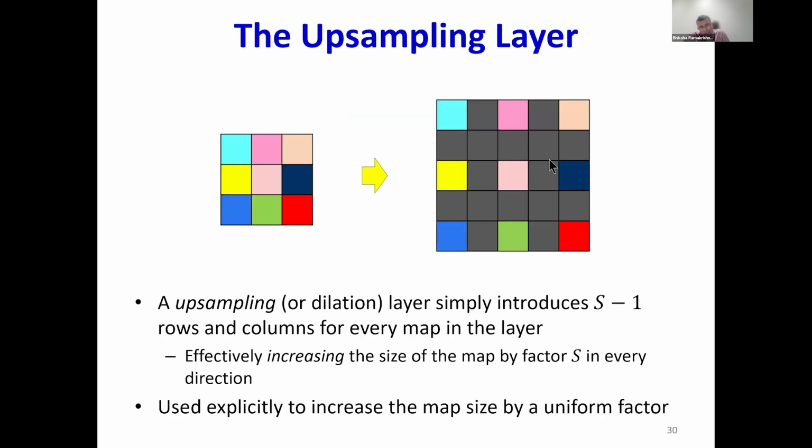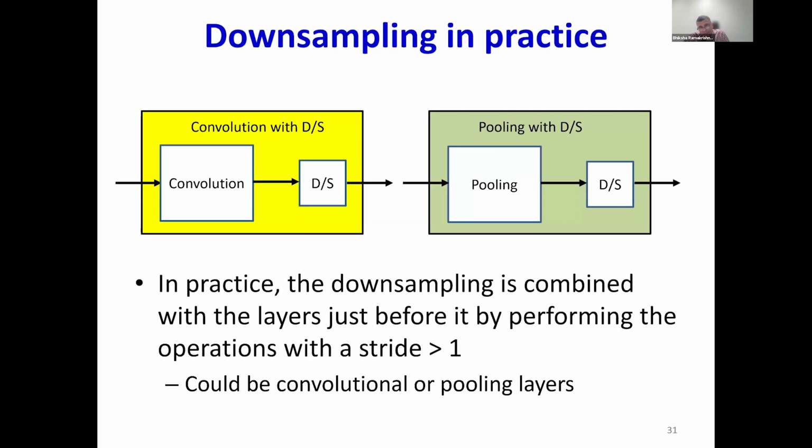And the upsampling layer does the reverse. If you wanted to upsample by a factor of S, you just insert S minus 1 columns and S minus 1 rows of zeros between any two adjacent elements. And this is used explicitly to increase the map size by a uniform factor.